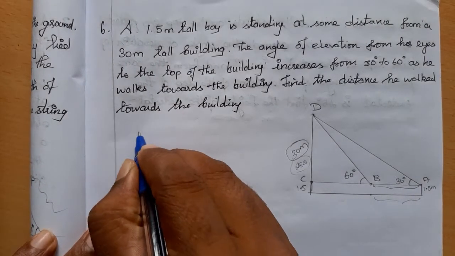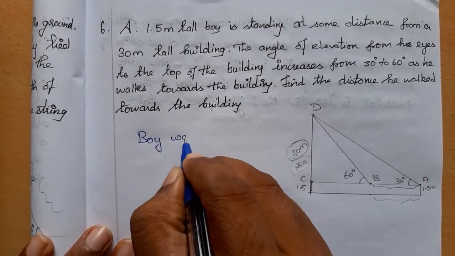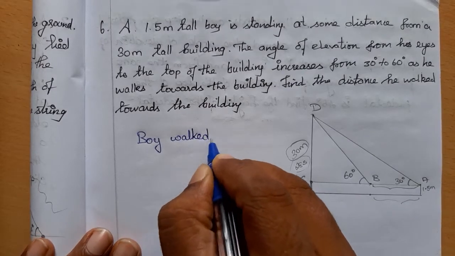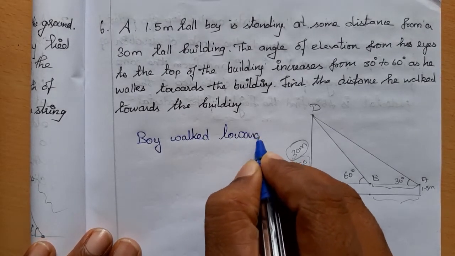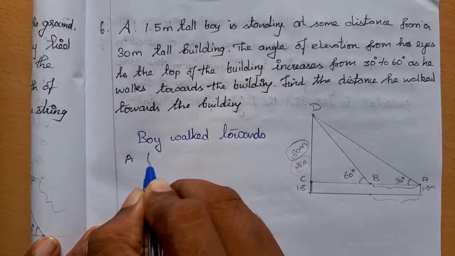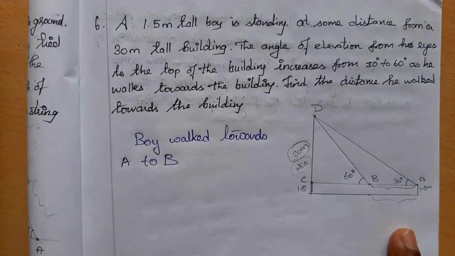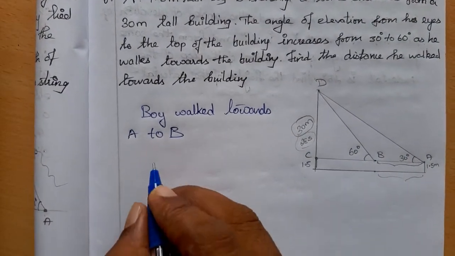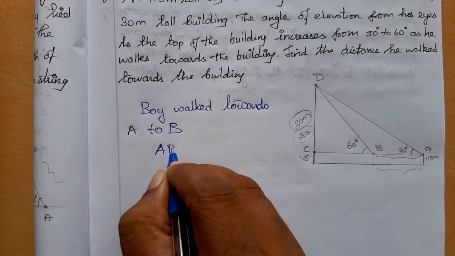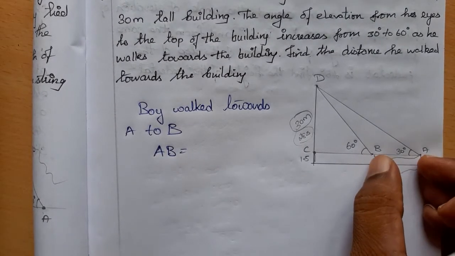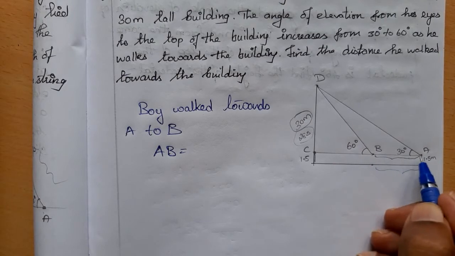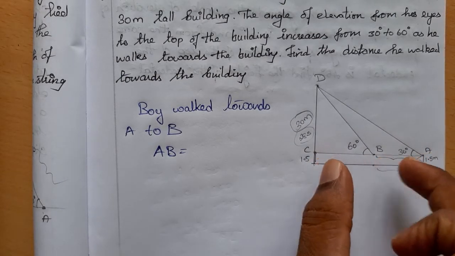So the boy walked from A to B. What I have represented in the figure I have written here. So we have to find the distance AB. AB doesn't form any right triangle, but AC and BC we can include.